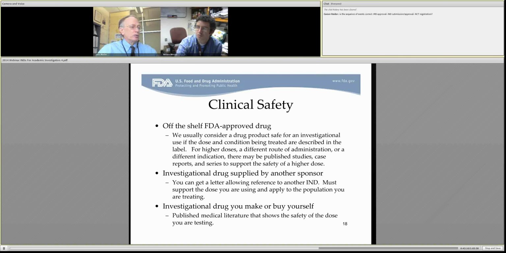I'll go into a little bit more on that in the next slide. An investigational drug supplied by another sponsor, if their animal testing and clinical testing supports use of the way you want to do it, that makes it a lot simpler. Again, make a drug yourself and you'll discover why it's hard to be a pharmaceutical company.